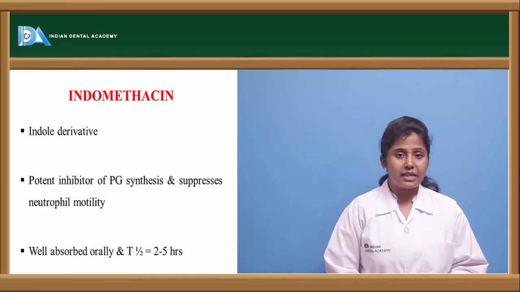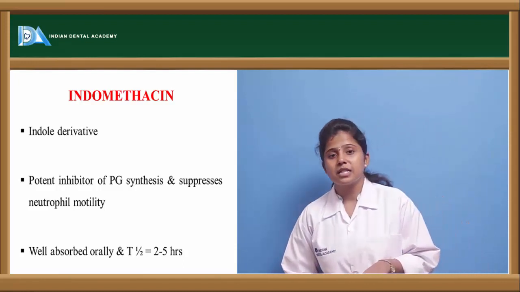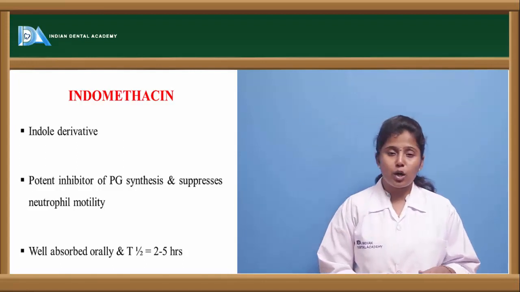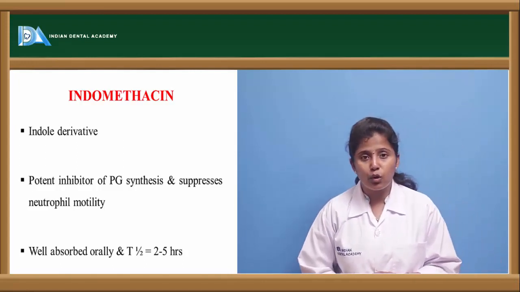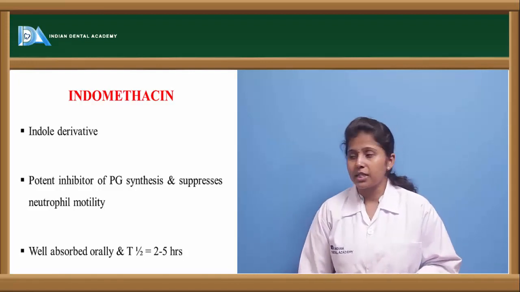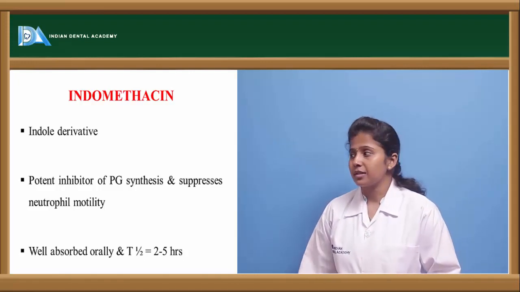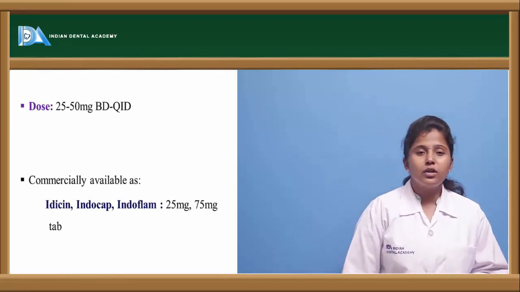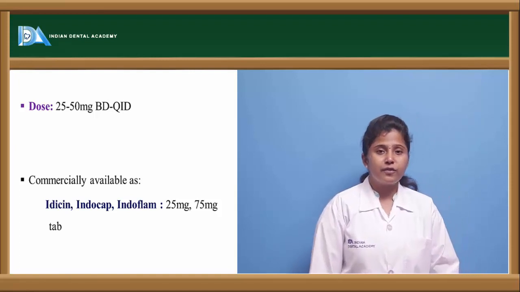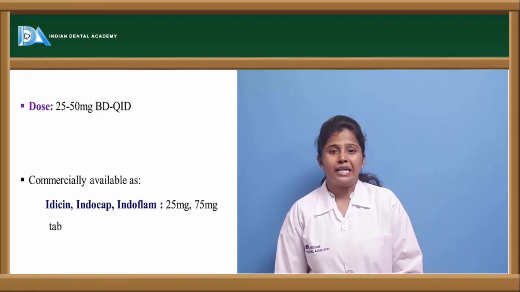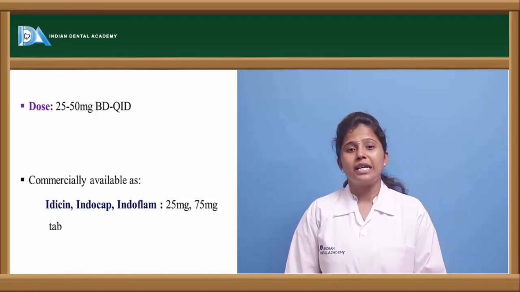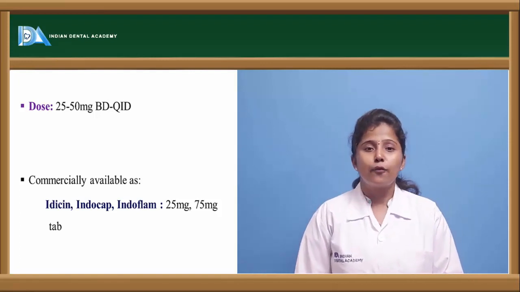Indomethacin inhibits PG synthesis, thereby decreasing neutrophil motility, and it is well absorbed orally, so it is mostly given through the oral route. The half-life of Indomethacin is about 2 to 5 hours. The dose is 25 to 50 mg BD or QID. BD is bis in die, that is twice a day, and QID is quater in die, that is 4 times a day.